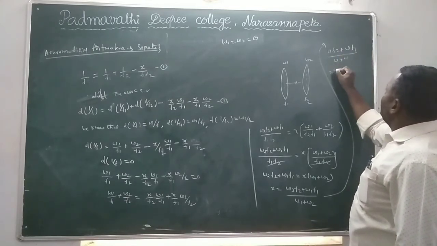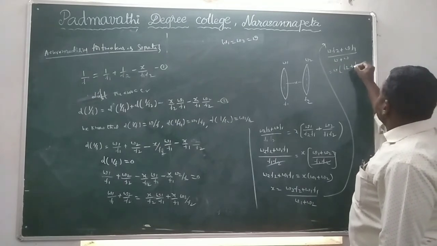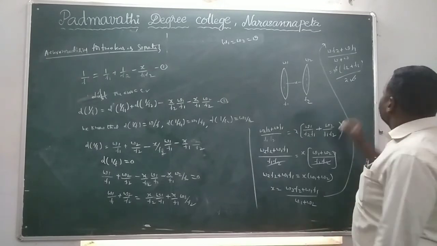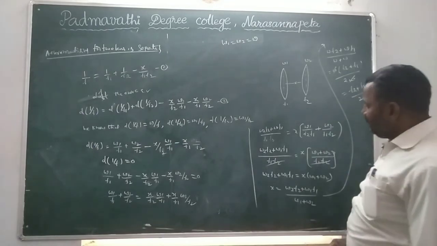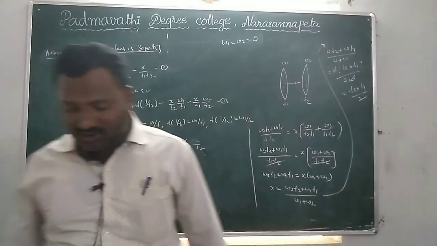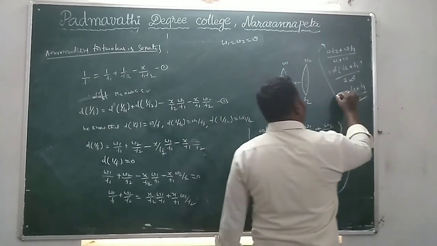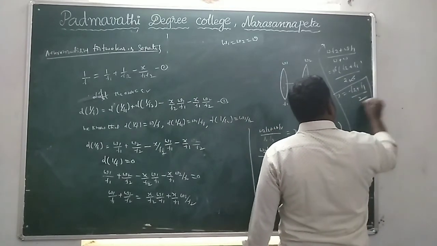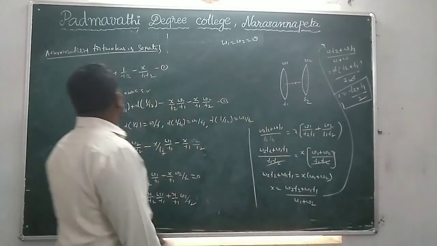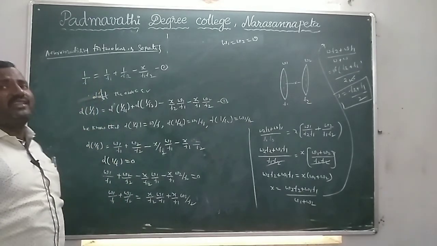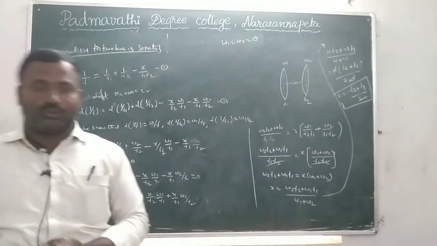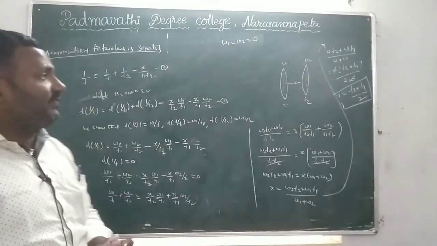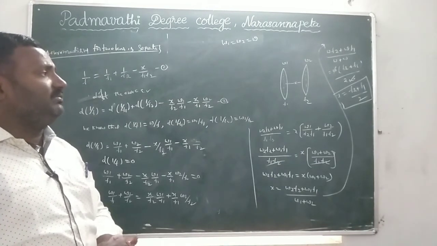The common term is omega, f2 plus f1 by 2 omega. Therefore omega is cancelled, so x equals f2 plus f1 by 2. Here x is the separated distance. This is the formula for achromatism of two lenses separated by some distance: x is equal to f2 plus f1 by 2. This is one of the concepts of achromatism.